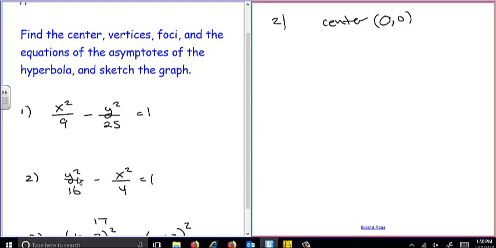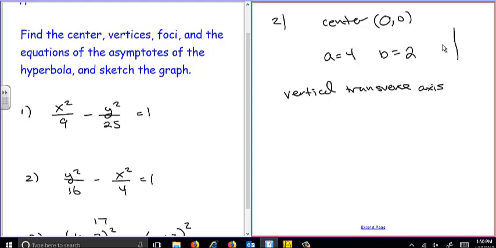But because we're not subtracting anything from x or y, the center is the origin. a always goes with the positive term. So a is the square root of 16 and b is the square root of 4. Now because y is positive, we have a vertical transverse axis.